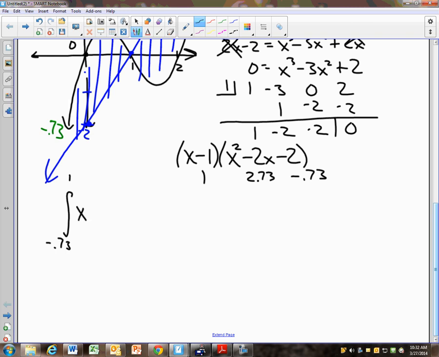We're going to deal with this one right here. So x to the third minus 3x squared plus 2x, and we have to subtract off of that 2x, and it'll be a plus 2 dx.